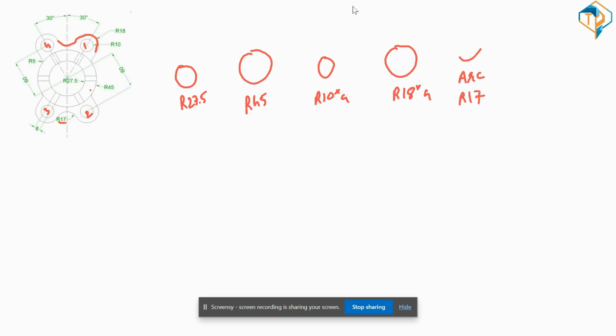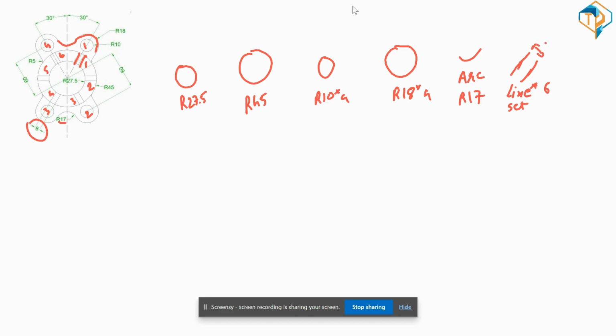Then this combination of two lines, which is a set of 6: 3, 4, 5, 6. The line set is apart by 8 mm.